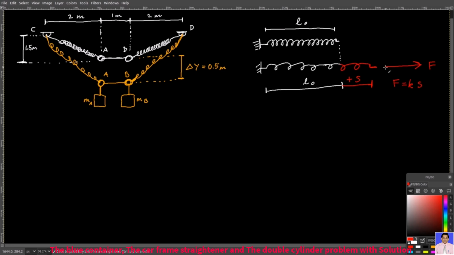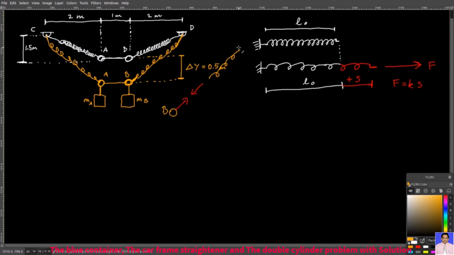Now remember, you apply this force to the spring, and so according to Newton's third law, the spring applies a force that is equal in magnitude and opposite in direction to you. So if you look at this ring B, let's have it here, then this spring here applies a force in this direction to this ring.